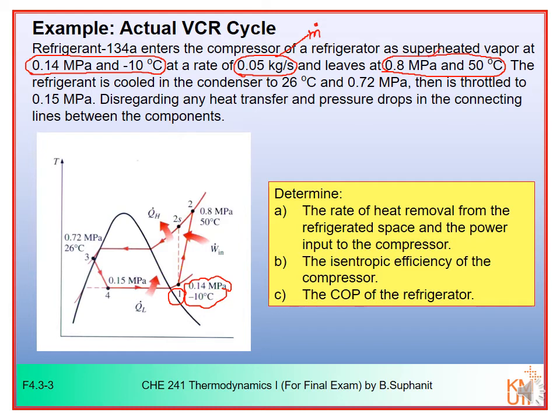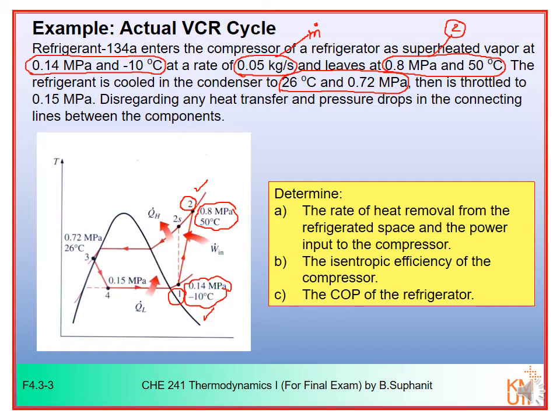So this is point number 2, after compression. You can see from the TS diagram as well, the condition at number 2 is also fully defined. Number 1 is fully defined. The refrigerant is cooled in the condenser to 26 degrees Celsius and 0.72 megapascal.